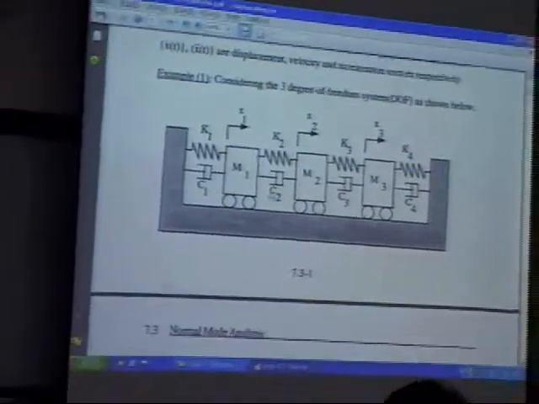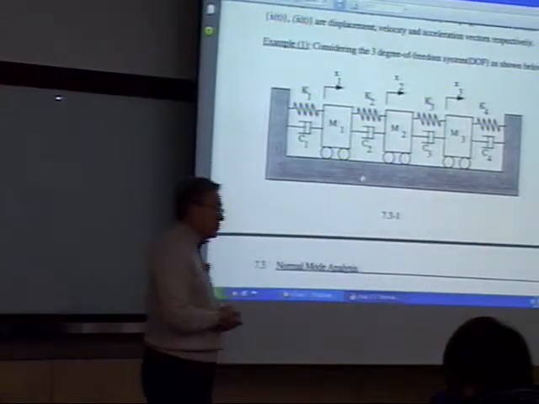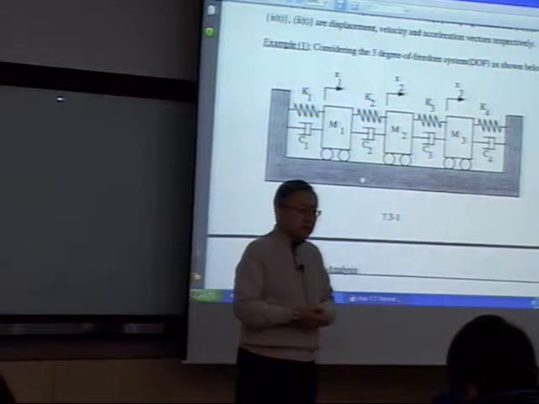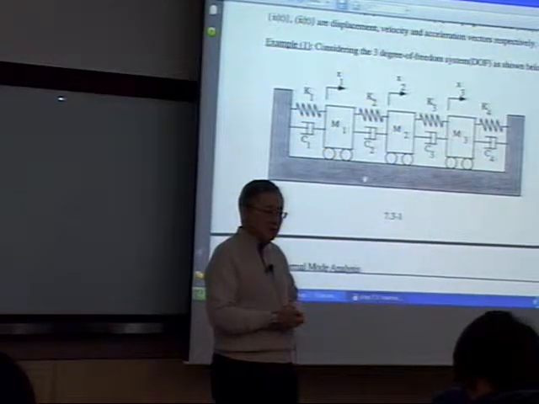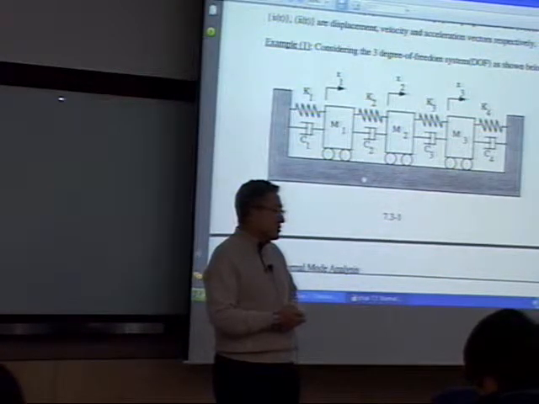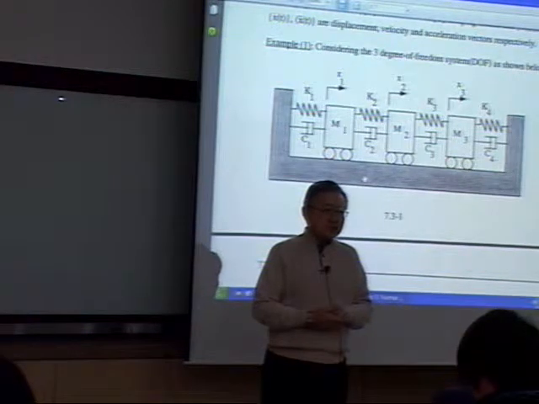So everybody tried this 3 degrees of freedom model to set up the equation of motion by applying the free body diagram around each mass. Then you have 3 coupled equations of motion.